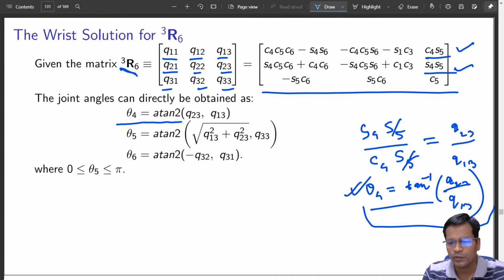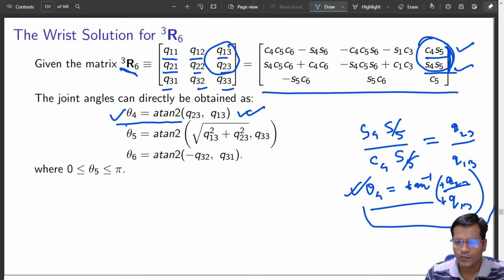Logically, you know it has many solutions. Those have to be segregated, that means for this positive, this negative, all the things that we have discussed earlier. So this is the solution for theta 4. You see, using this part and this part, I could get theta 4. Done. Going to next.